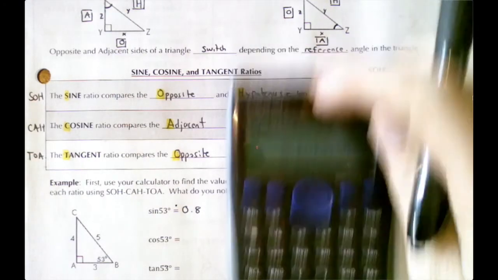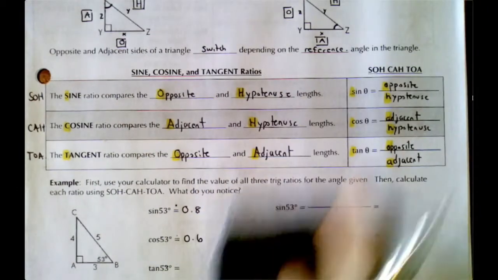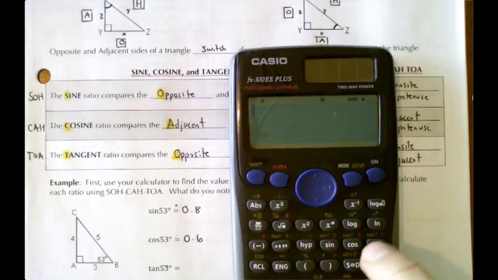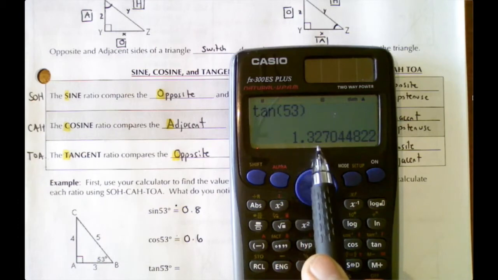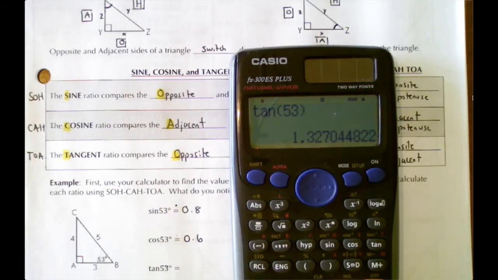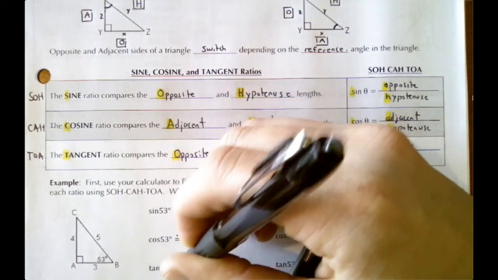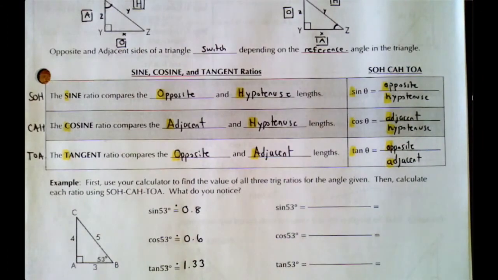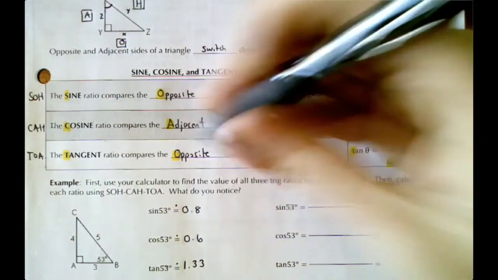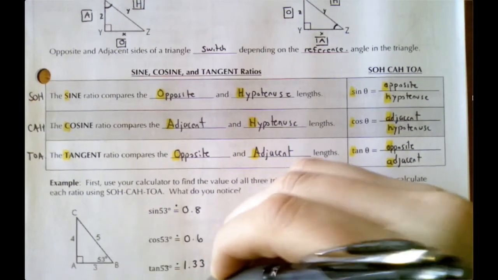Let's call that 0.6. And tan 53 gives us 1.327. Let's call that 1.33. Now remember, I'm going to write down here, we used a calculator to figure this out.